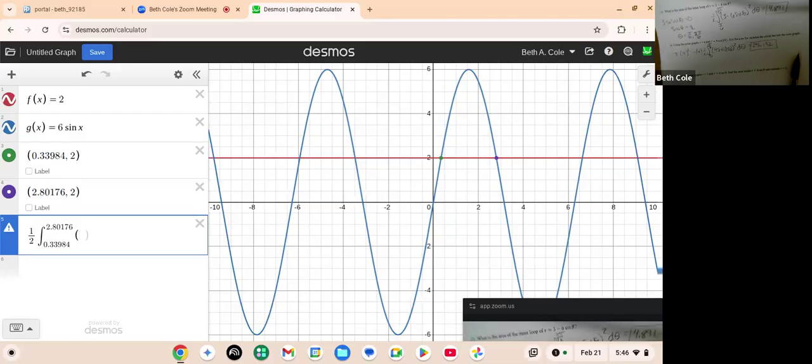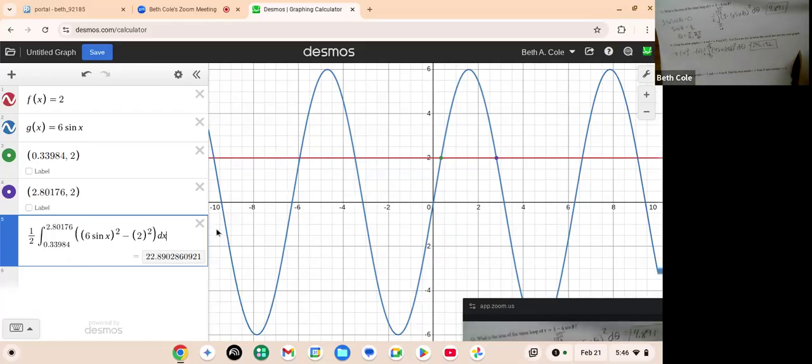We wanted the area inside that 6 sine theta. I'm sorry to put a parenthesis. Well, I might need another one. Minus what the circle was. And so that is going to be our area. So, 22.890.